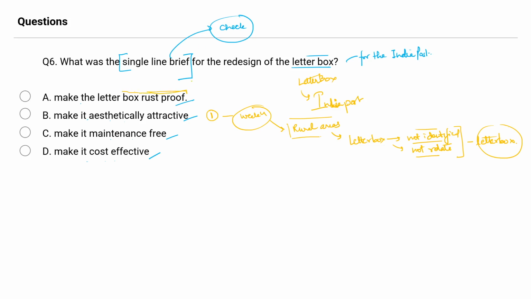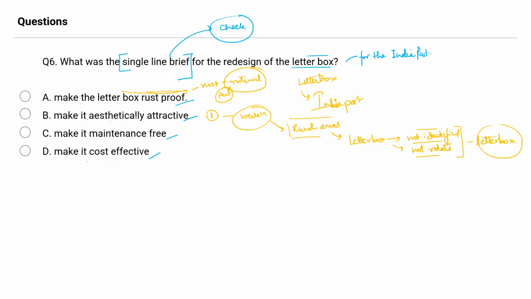Now, rusting was an issue because of the kind of material which was used. So that was a requirement, but that was not a one line brief. The brief was something else, and this was one of the features by which you are able to complement that particular brief.